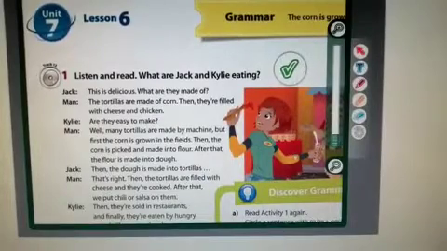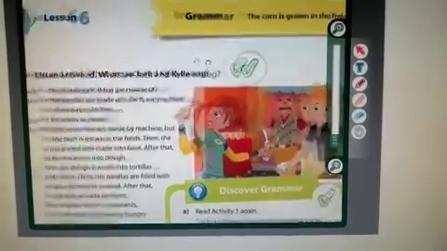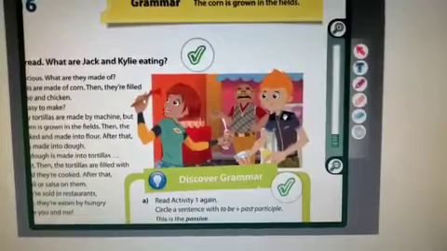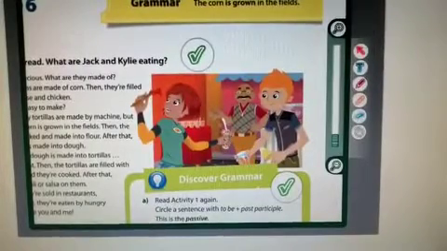Look at this picture. What can you see in it? And who can you see? Here we have Jack and Kylie. Where are they? Yes, they are at the restaurant.